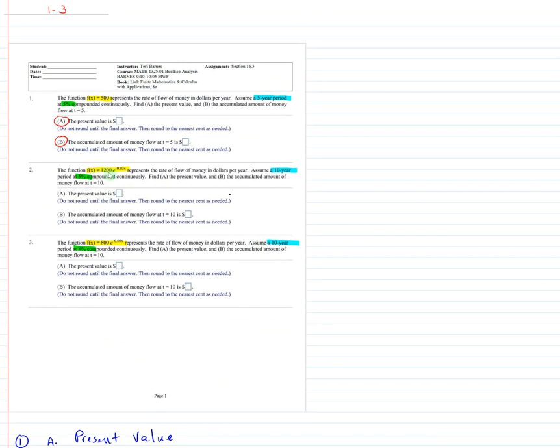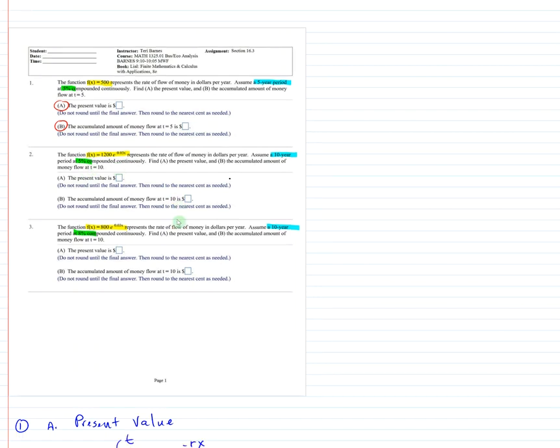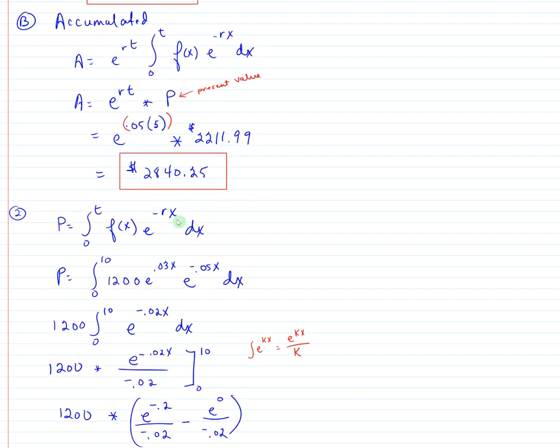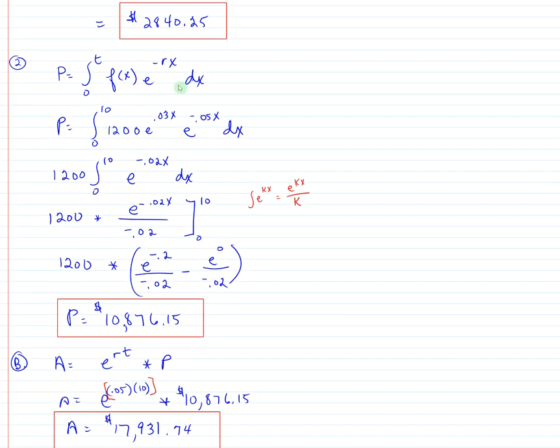Number 2, we just have a different f(x), 1200 e to the 0.03x, so that's totally different than just a constant. And we have a 10-year period and 5%. So we're doing the same thing. Let's go down here. So the formula is written again. We've got 0 to 10, 1200 e to the 0.03x times e to the negative 0.05x dx.